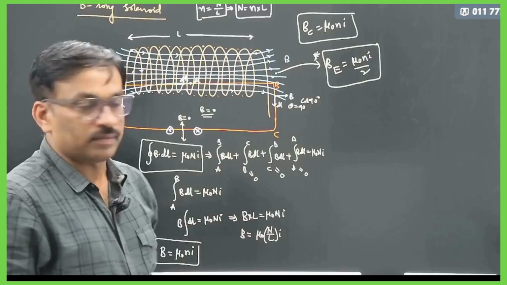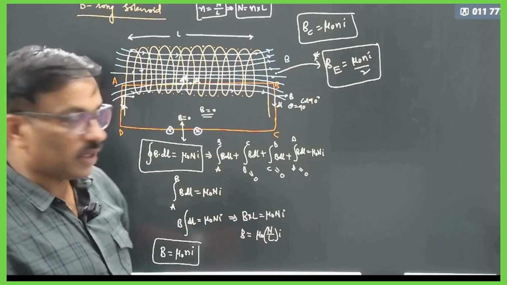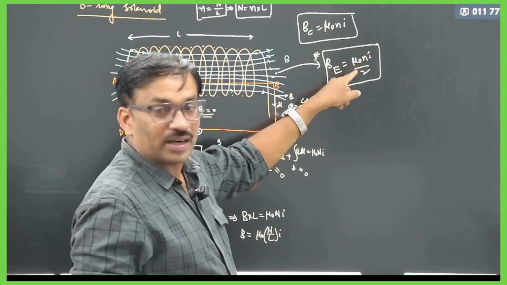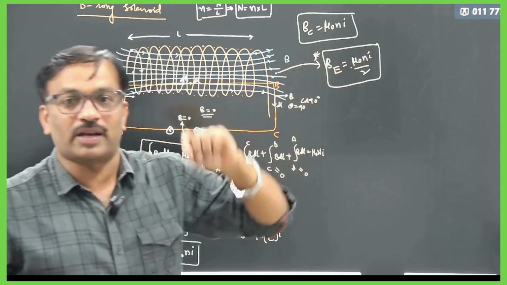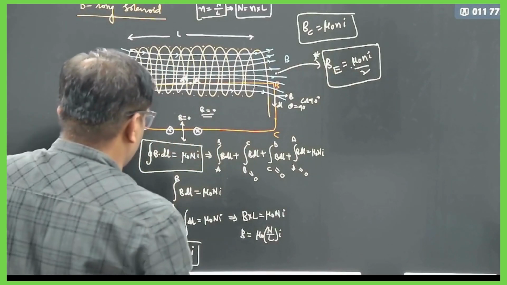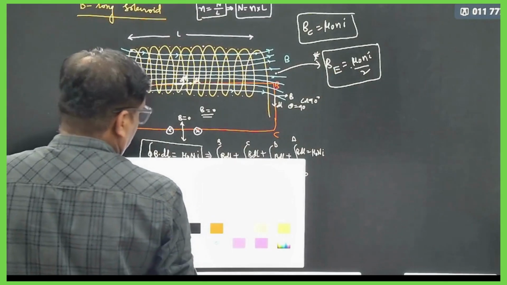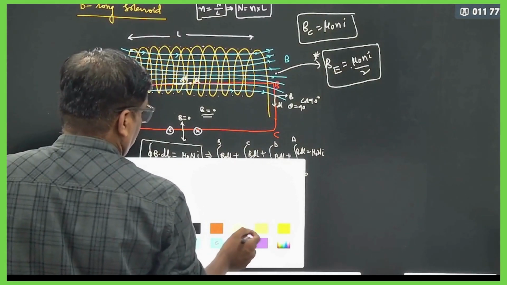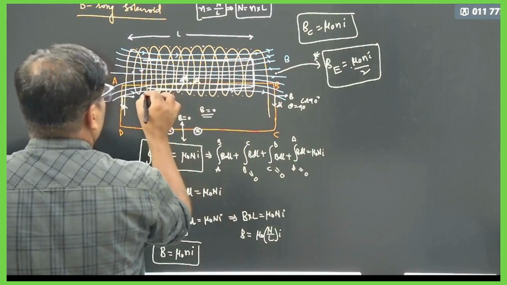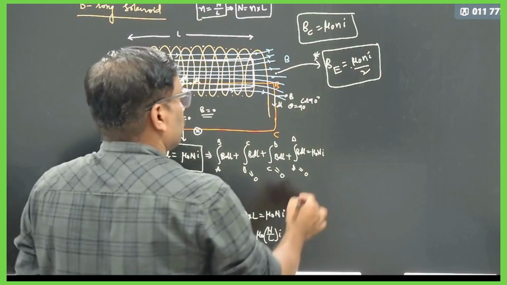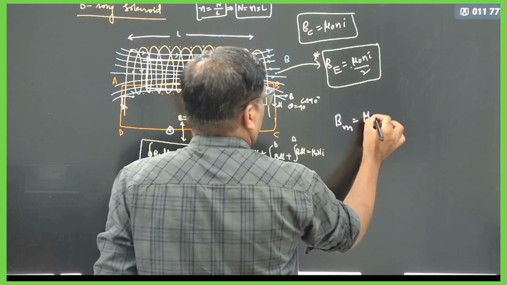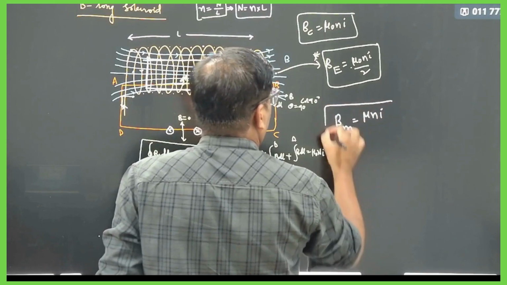Now, suppose here the medium is air, so that's why we wrote mu naught into nI. Mu naught is nothing but the absolute permeability. Suppose some other medium is present inside the solenoid. Then you need to calculate the magnetic field due to that medium, and it will be equal to mu into nI.